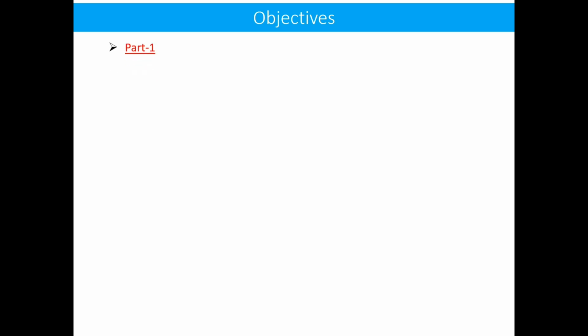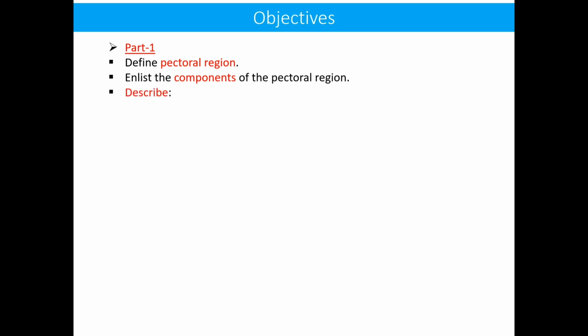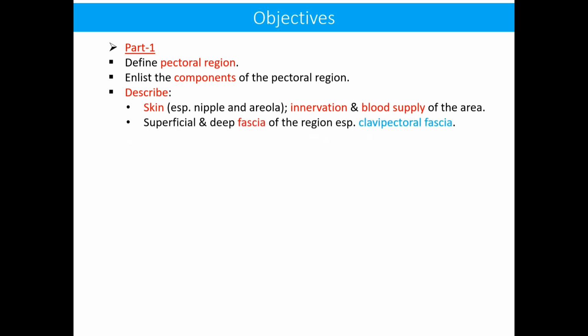At the end of the session for first part, the participant should be able to define pectoral region and list the components of pectoral region, describe skin, especially nipple and areola, skin's innervation and blood supply of the area, superficial and deep fascia of the region, especially clavipectoral fascia, and at the end correlate some of the clinical applications.